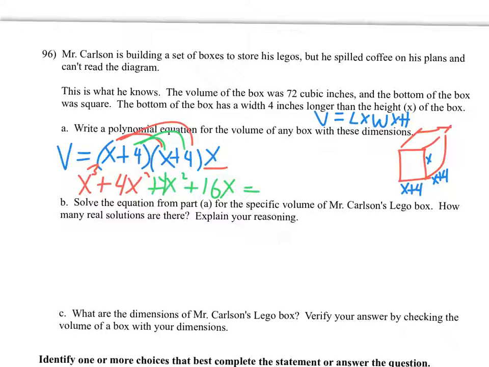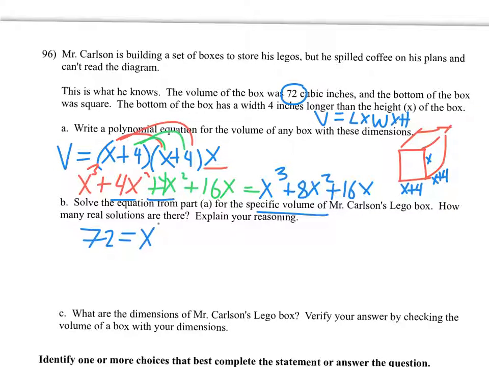So we end up getting x cubed, those two combine to give us plus 8x squared plus 16x. And then for part B, we've got to use a specific volume, and that's going to be 72 cubic inches. So instead of V, I'm going to write 72 is equal to x cubed plus 8x squared plus 16x; sorry, it should be squared.